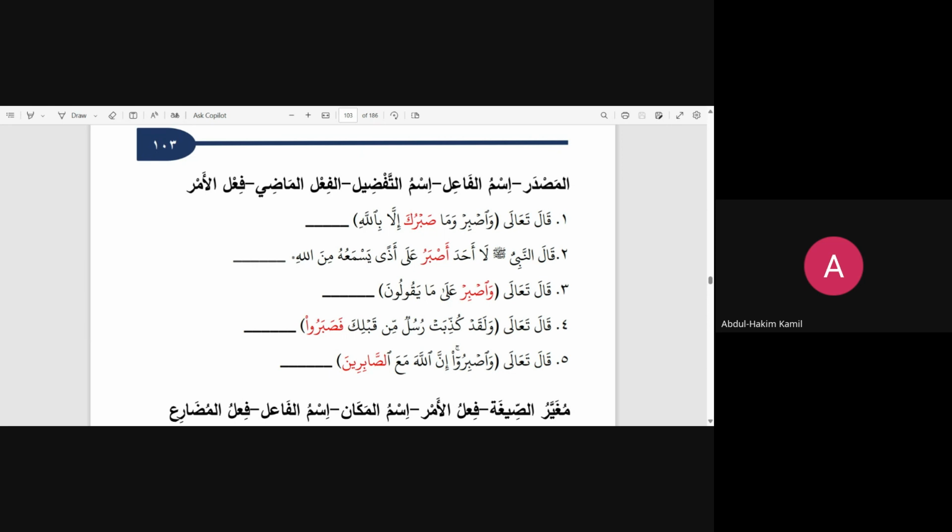Allah is the most patient. So what it really means is la ahadan asbar min Allah. The part where it says ala adha yasma'uhu is extra. Adha yasma'uhu is just a description of the adha, harm that he hears. No one is more patient on harm that he hears than Allah. Everything clear? How we doing online? Everything is clear.